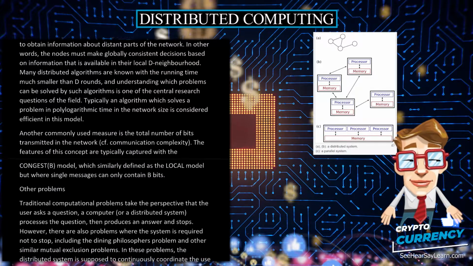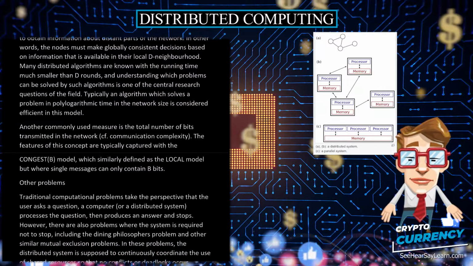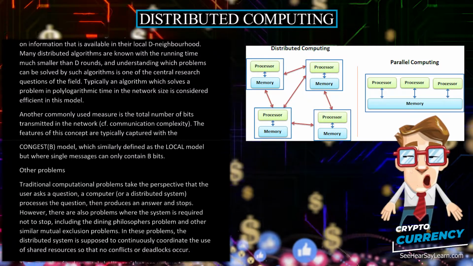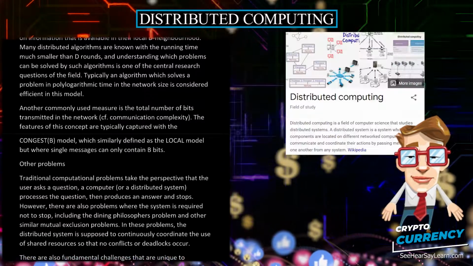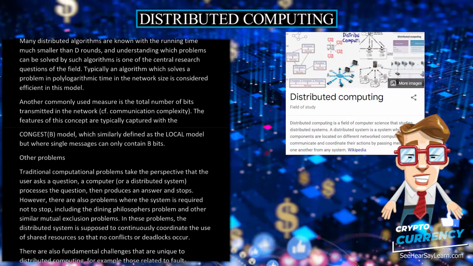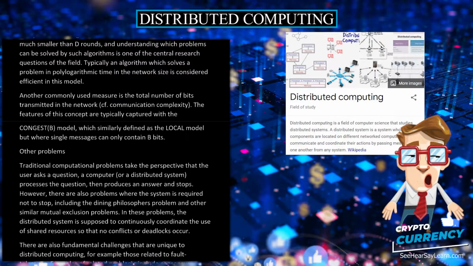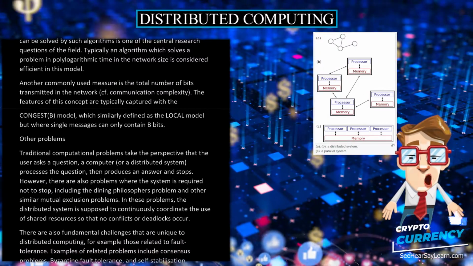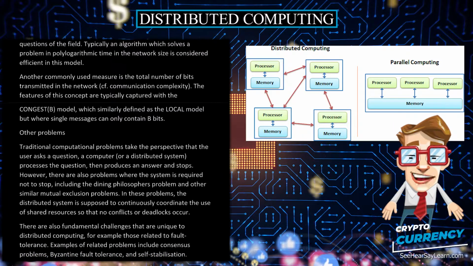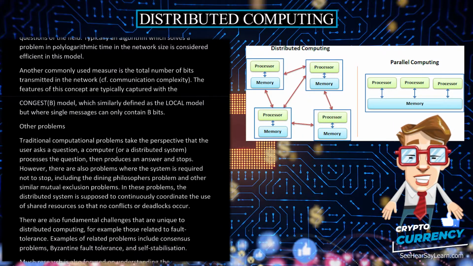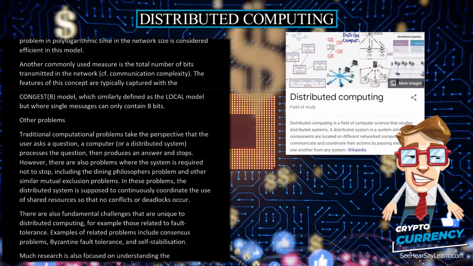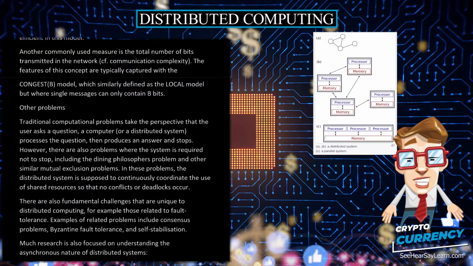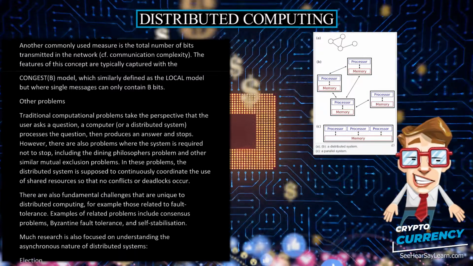Other problems. Traditional computational problems take the perspective that the user asks a question, a computer, or a distributed system, processes the question, then produces an answer and stops. However, there are also problems where the system is required not to stop, including the dining philosophers problem and other similar mutual exclusion problems. In these problems, the distributed system is supposed to continuously coordinate the use of shared resources so that no conflicts or deadlocks occur.